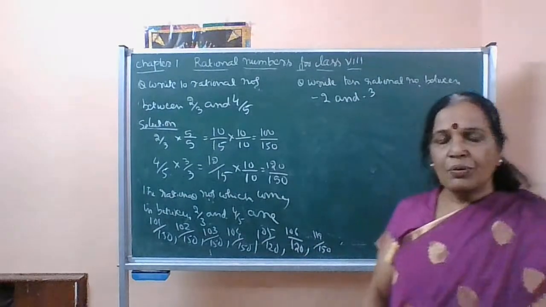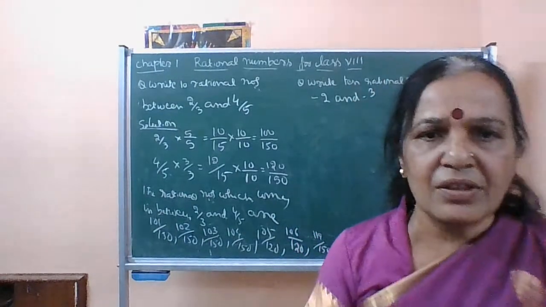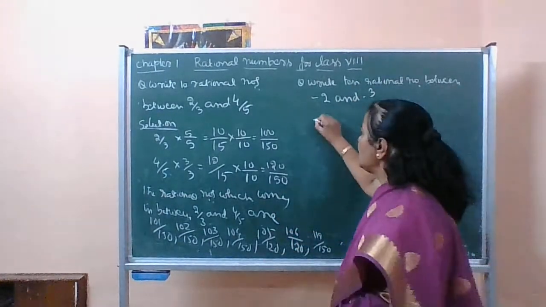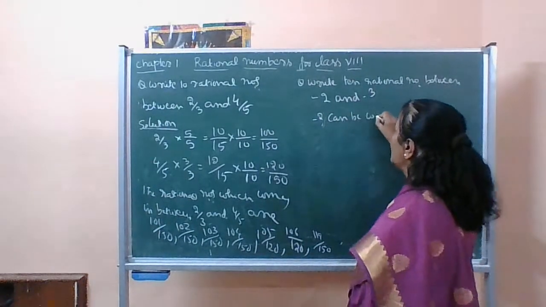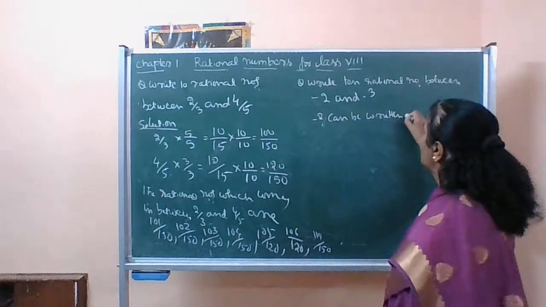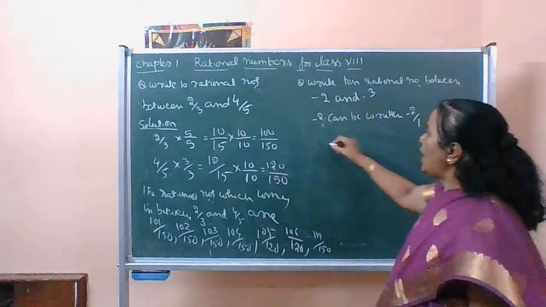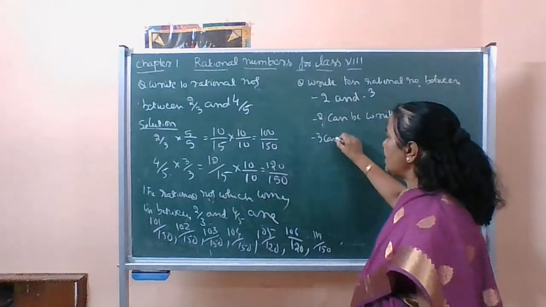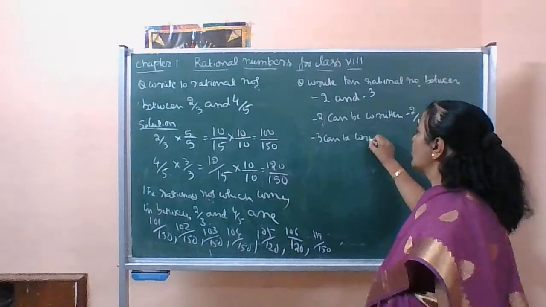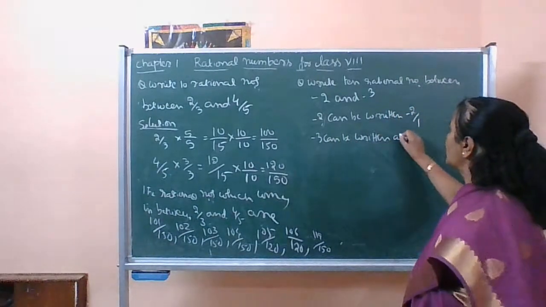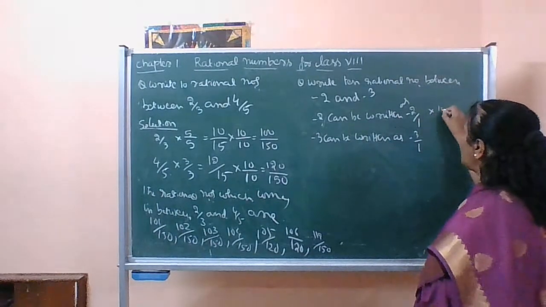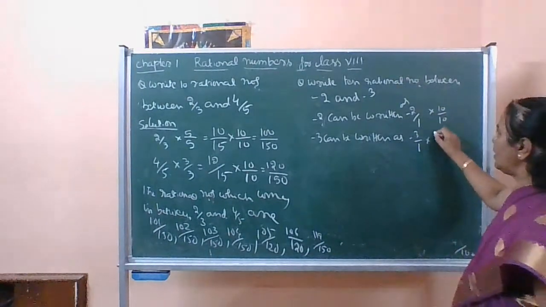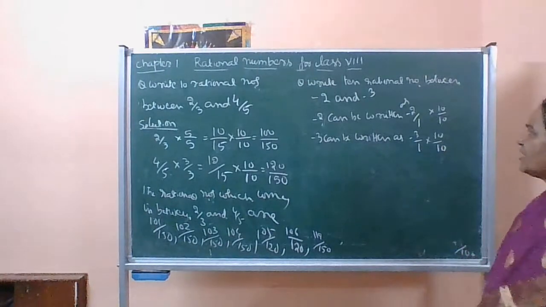What you will do, -2 can be written as -2 by 1, and -3 can be written as -3 by 1, and multiply both numerator and denominator by the same number.